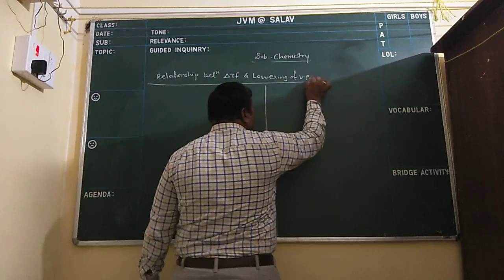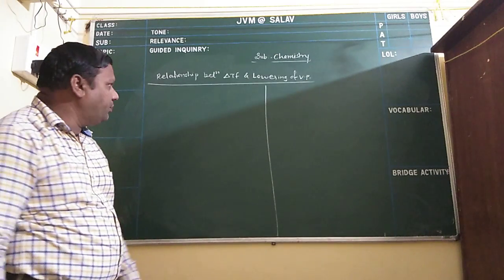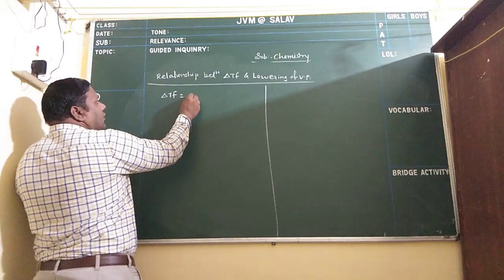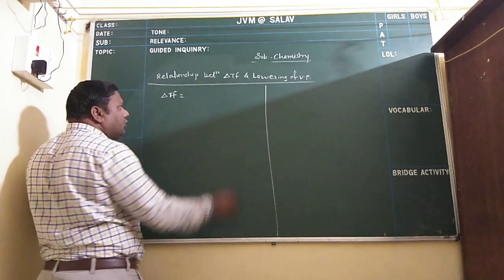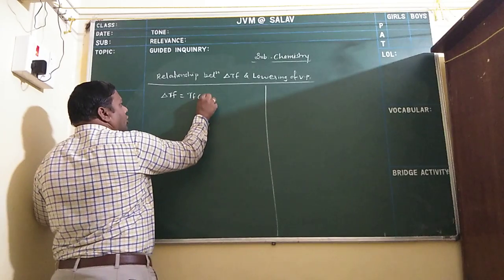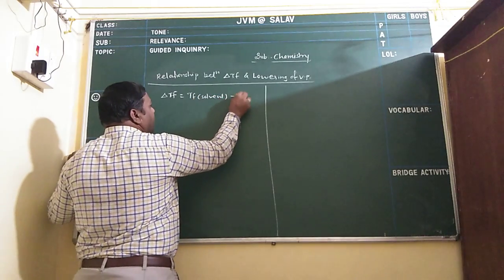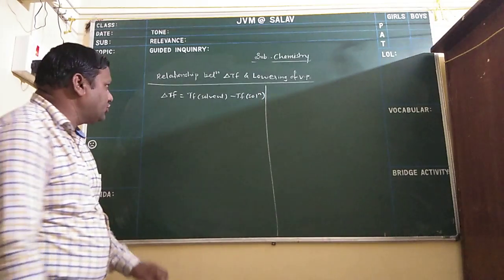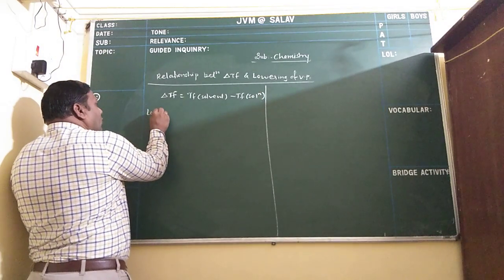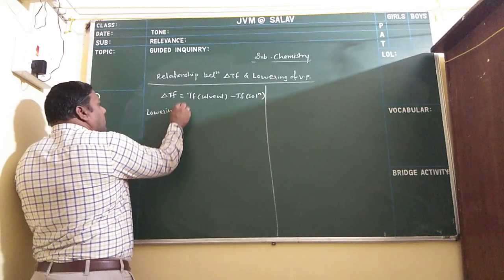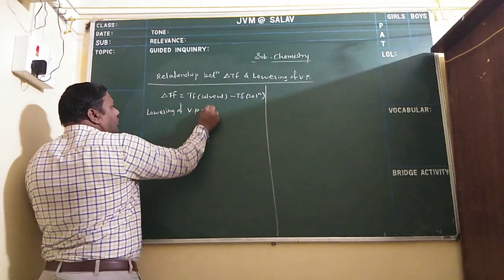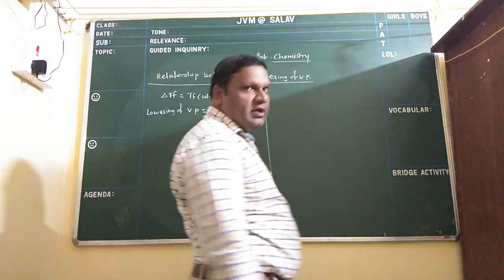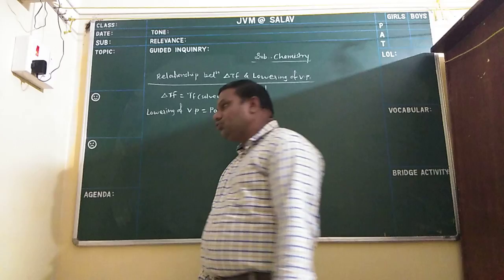You know the lowering of vapor pressure is P0 minus P. So del TF is equal to TF solvent minus TF solution, and the lowering of vapor pressure is equal to P0 minus P, where P0 is the vapor pressure of solvent and P is the vapor pressure of solution.